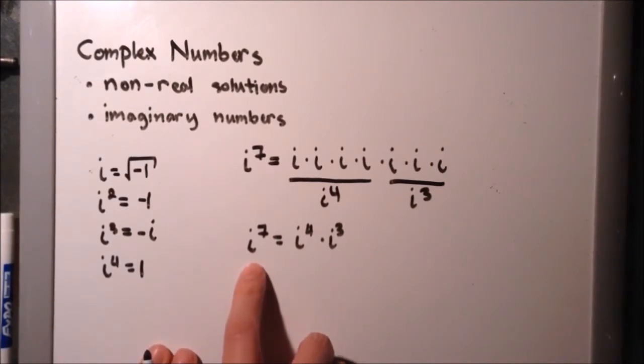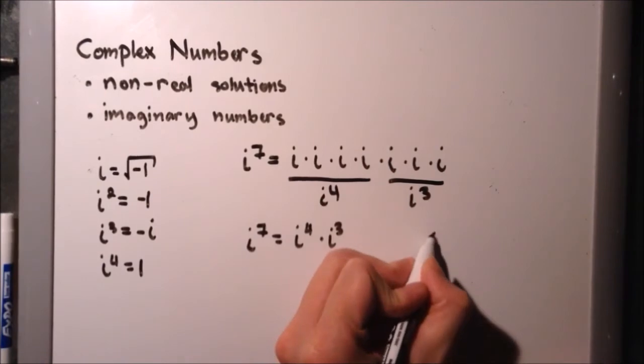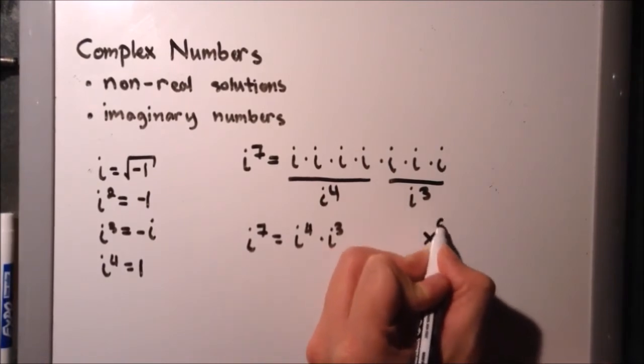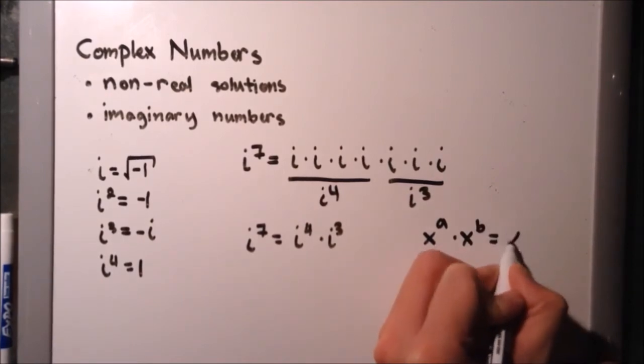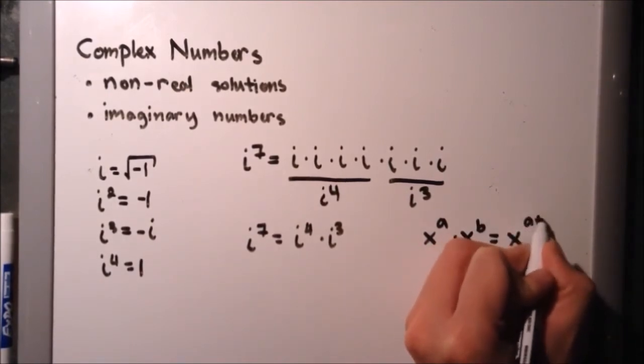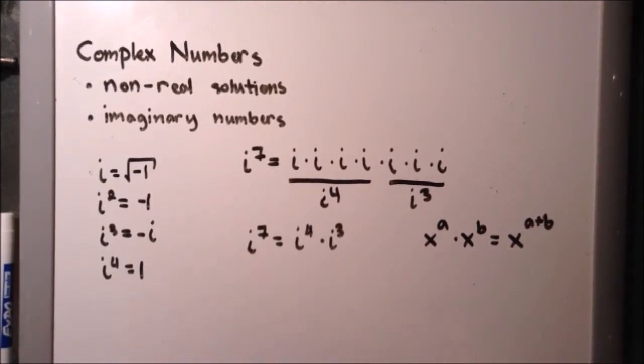Now, with rules of exponents, if it's the same base, for example, x to the a times x to the b is equal to x to the a plus b for the exponents. So the same thing applies here, but going backwards.